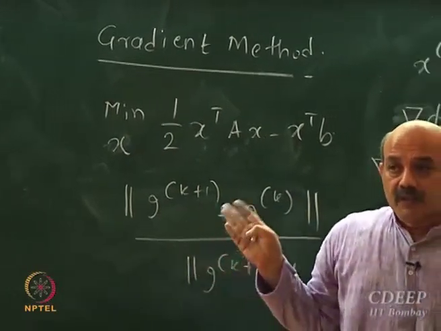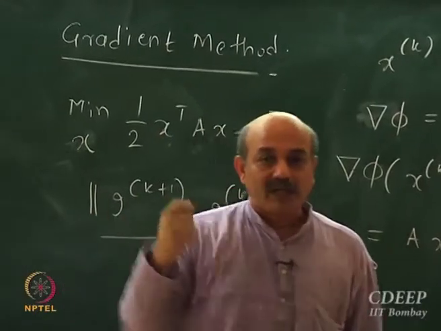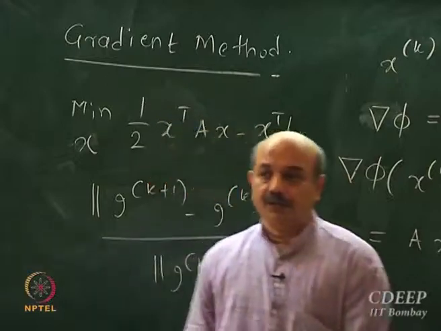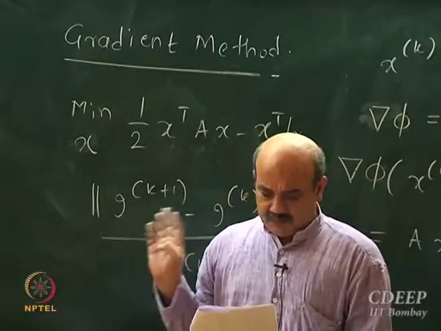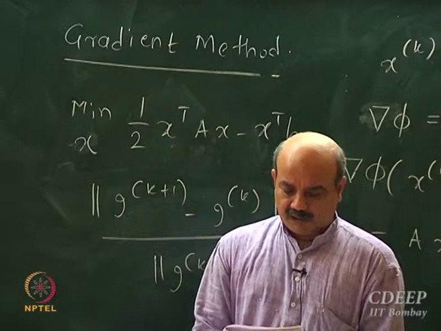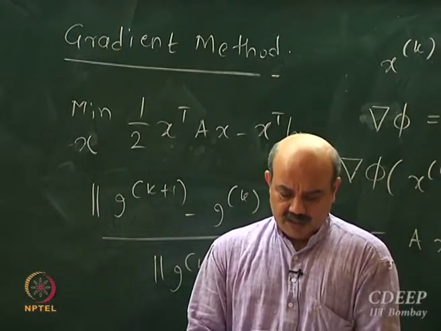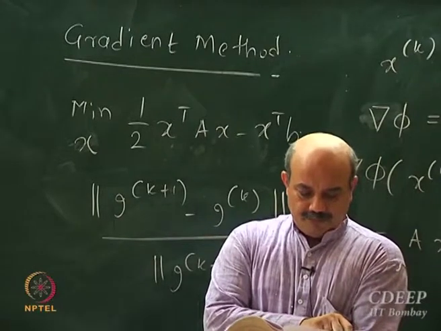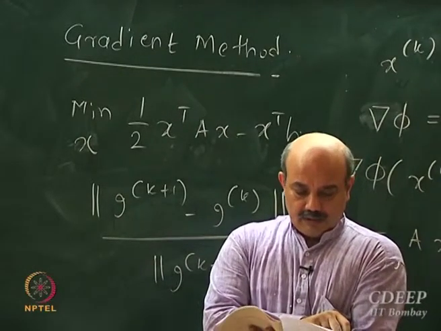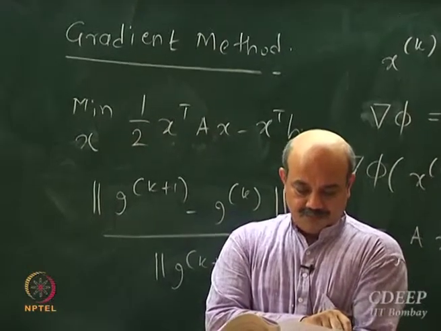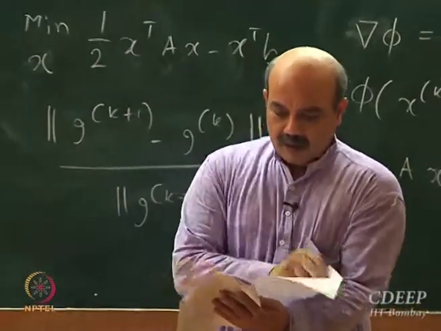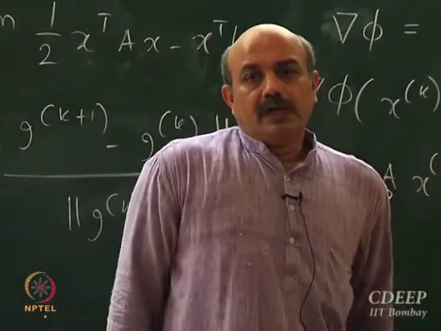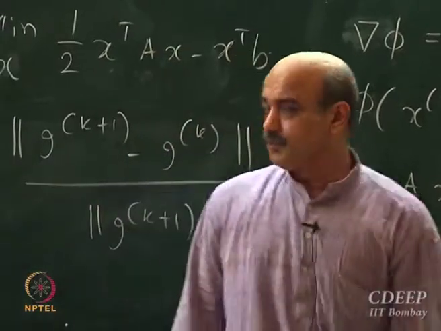This method can quickly come to the solutions, particularly if A is symmetric positive definite. I think there is a specific result about this. I'll talk about it later. There is a modification of this called the conjugate gradient method, and we'll talk about it very quickly in the next lecture, and then I'll move on to well conditioned and ill conditioned systems.